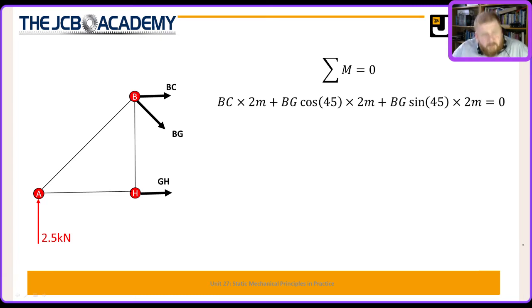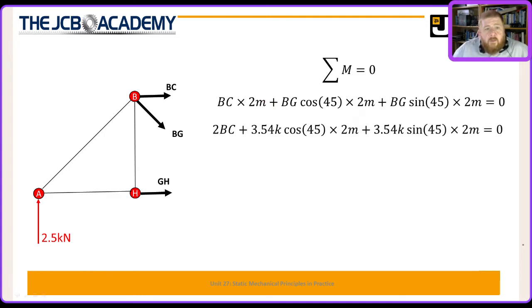So we have BC acting 2 meters vertically away, the horizontal component of BG acting 2 meters vertically away, and the vertical component of BG acting 2 meters horizontally away. Whatever the length of your members, this distance will be relative to that length.